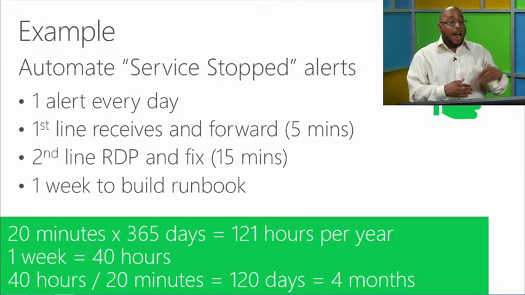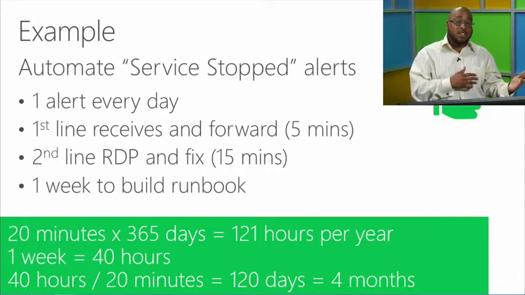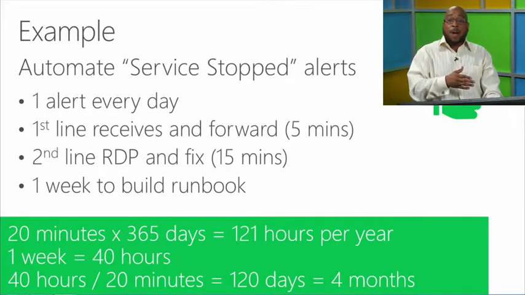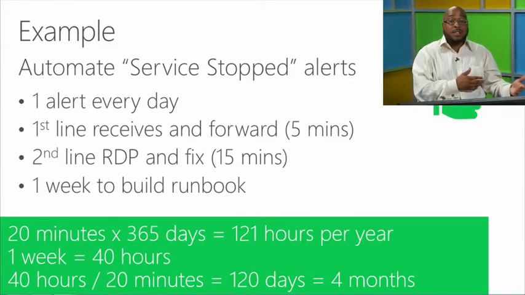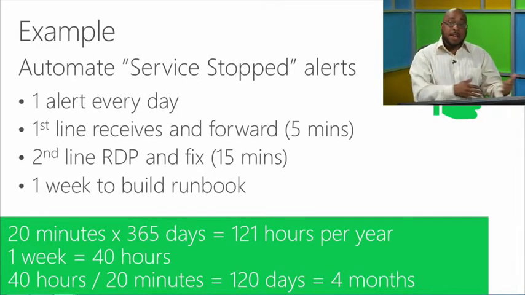As I'm seeing here, this may take upwards of 15 to 20 minutes. And it can take me a week to build out a runbook to do this. So now I can compare the time that it takes me to build this runbook versus the time it takes to do this day in and day out over every day of the year. 120 hours versus 40 hours to build out this automated process is a win-win and a value add for using Orchestrator to create a runbook and automate a process that occurs all the time.